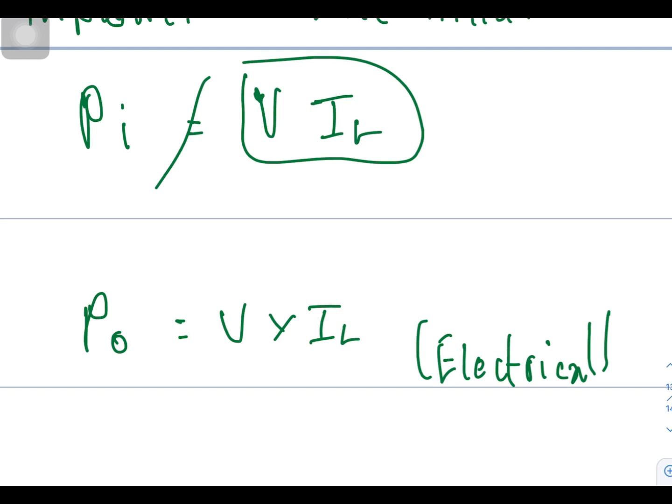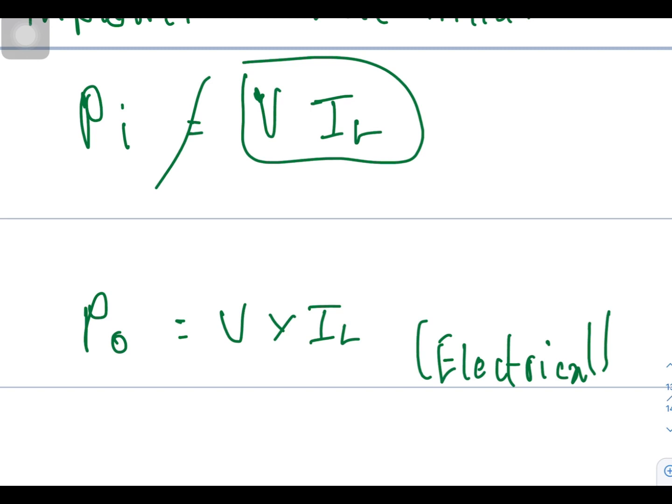And guys, this is an electrical subject. I'm going to emphasize that. This is an electrical subject. There is no formula to calculate mechanical power in this subject. It's not part of the syllabus of this subject. The power we calculate is output power, which is electrical.